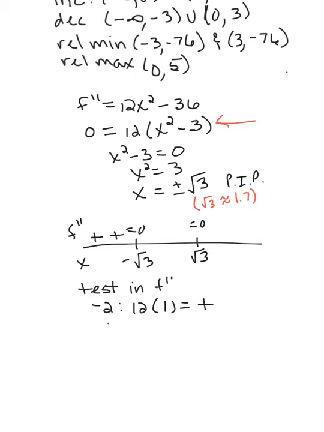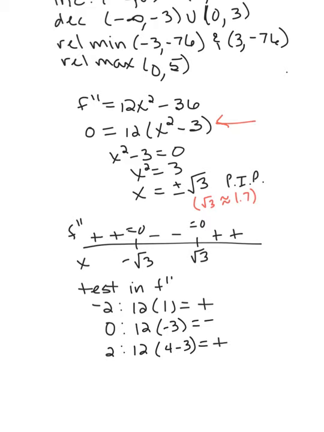Between the two numbers, let's test 0. We would have 12 times -3, which is a negative number. And then on the right side, let's test +2. We would have 12 times 4 minus 3, which is 1. That's going to be positive.